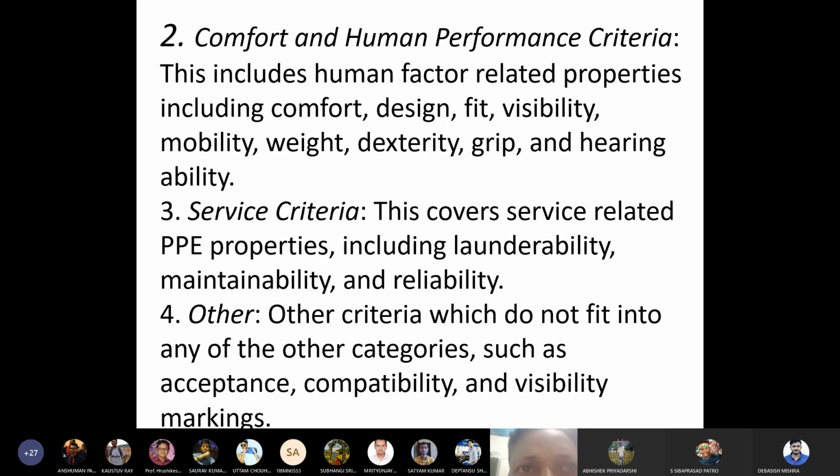Service criteria means that after using the protective equipment or garments, if you are fighting with fire, working with water, or working with explosion, your dress materials will be dirty.